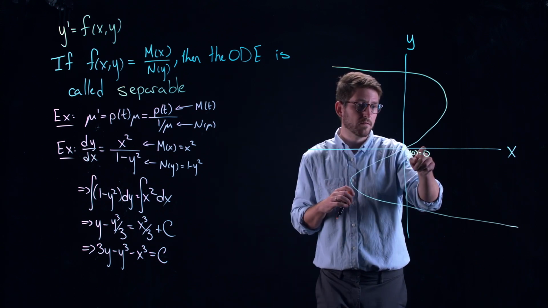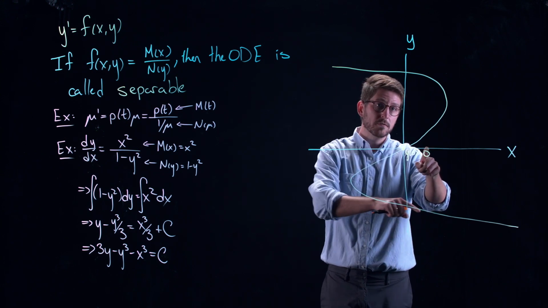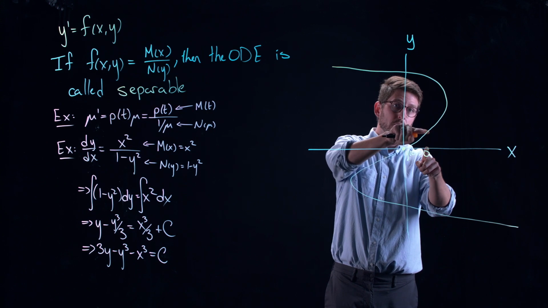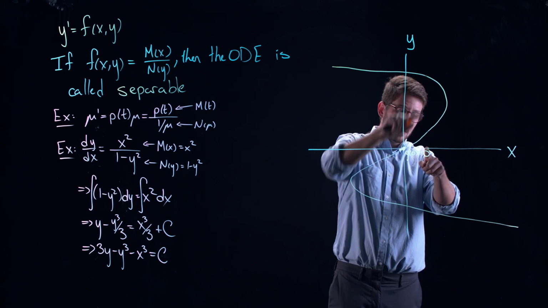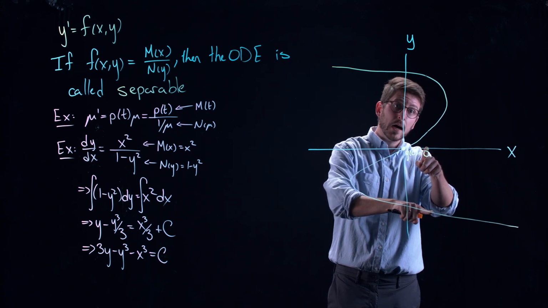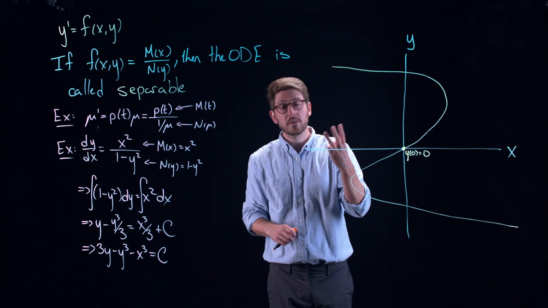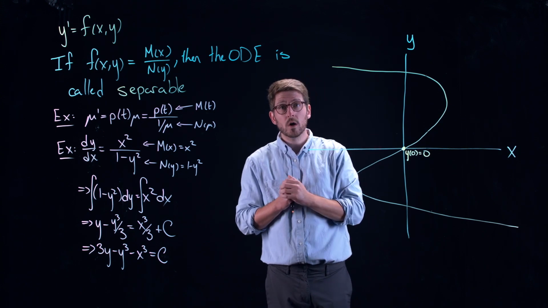So for example, if I give you this value of x here, on this curve, I could return this value of y, or this value of y, or this value of y. Now, if I return 2 or 3 of those values, I'm not a function anymore. I can only return 1.